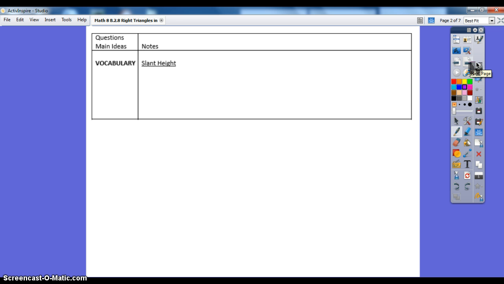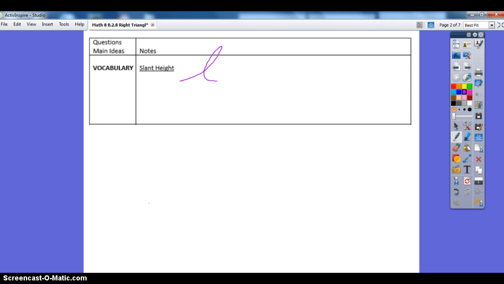All right, so the one vocab that you have is slant height. When you see the letter L in cursive like that, that stands for slant height.